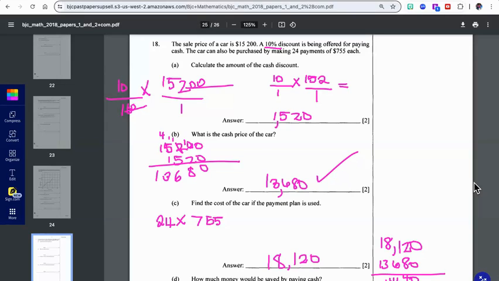I'm going to move on to simple interest. If you have a question, send it directly to me in the chat. So let me see if I can find one more question like this.